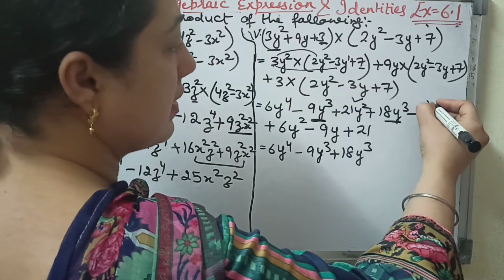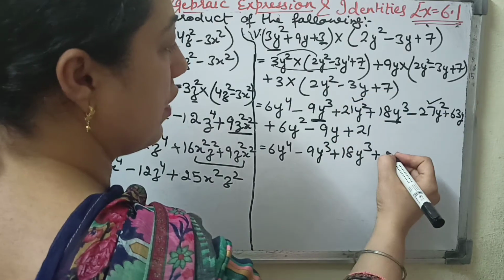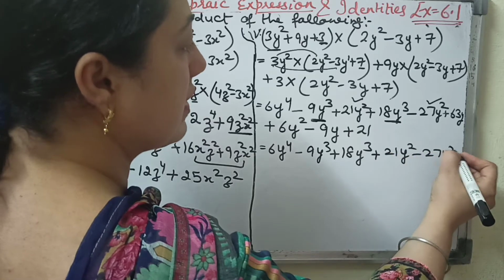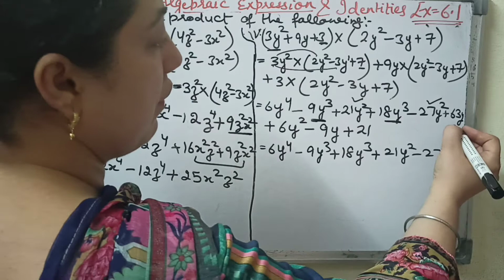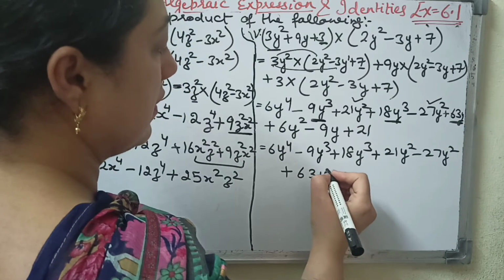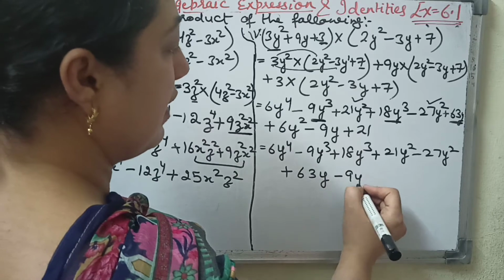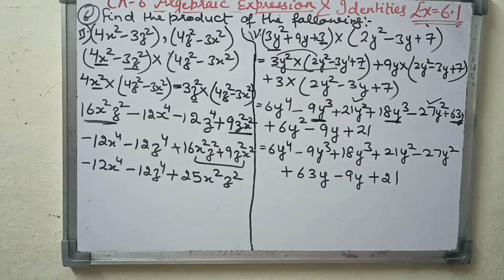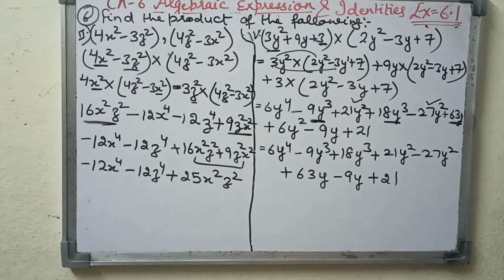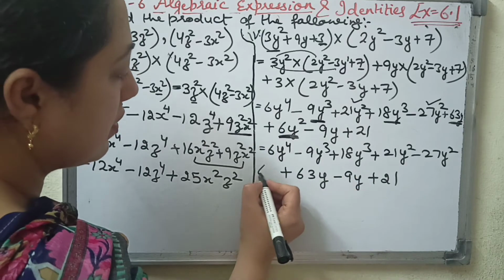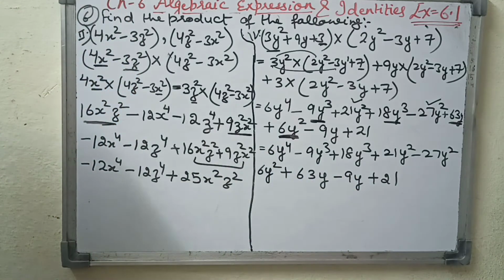This is y², this is again y². So collect it, 21y² − 27y². Now collect the y terms, that is 63y − 9y + 21. Here one more term 6y² is also here, so write down 6y² here also.